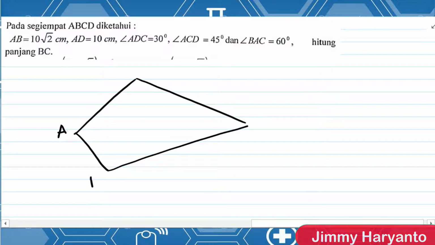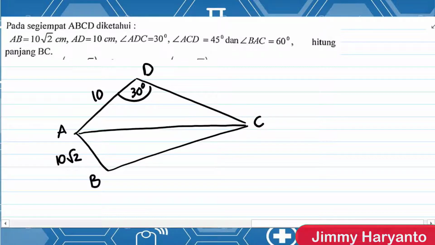So this is A, B, C, and D. The question says that AB is 10 square root of 2, and AD is 10, and ABC equals 30 degrees right here, and then ACD, so they want to separate the quadrilateral into 2 parts. This one is 45 degrees, and after that BAC equals 60 degrees.